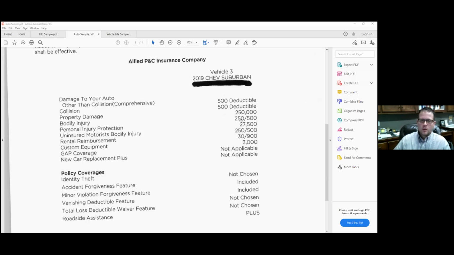So people ask me all the time, well, what kind of limits should I carry? And as the insurance agent, my typical response is, well, how much can you afford? We want to buy liability protection as high as we can, and it is the least expensive part of the auto insurance policy. Now, let me give a disclaimer. If you are a 15-year-old or 16-year-old male driver, it is not the cheapest part of your insurance policy.